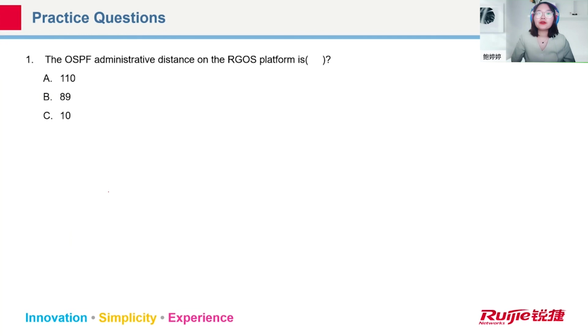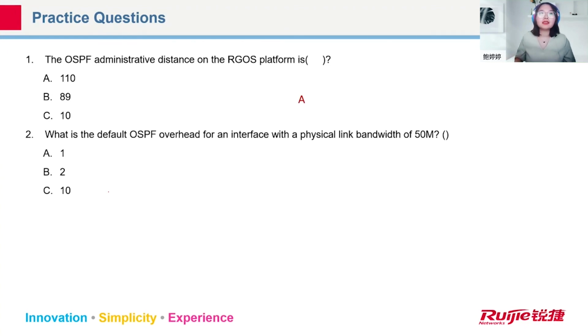What's the protocol number of OSPF if we want to do the encapsulation? The protocol number should be 89. This is option B, right? The default AD value is A. So this will become A.